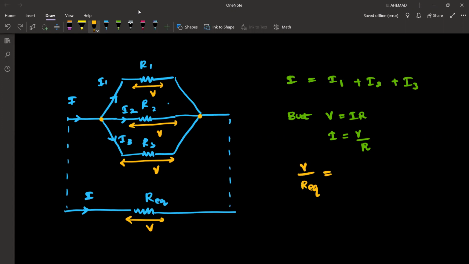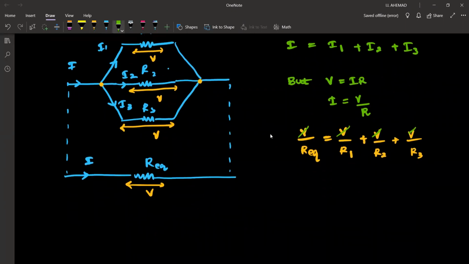This is equal to, instead of I1, V over R1 plus V over R2 plus V over R3. So these V values cancel. Then we come to this equation: 1 over R equivalent is equal to 1 over R1 plus 1 over R2 plus 1 over R3.